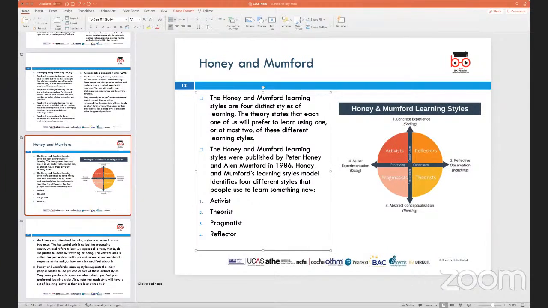And if we know the type that they are, then it allows organizations, businesses, and managers to put them into training or development from the aspect of what particular style suits them best for the purposes of learning.